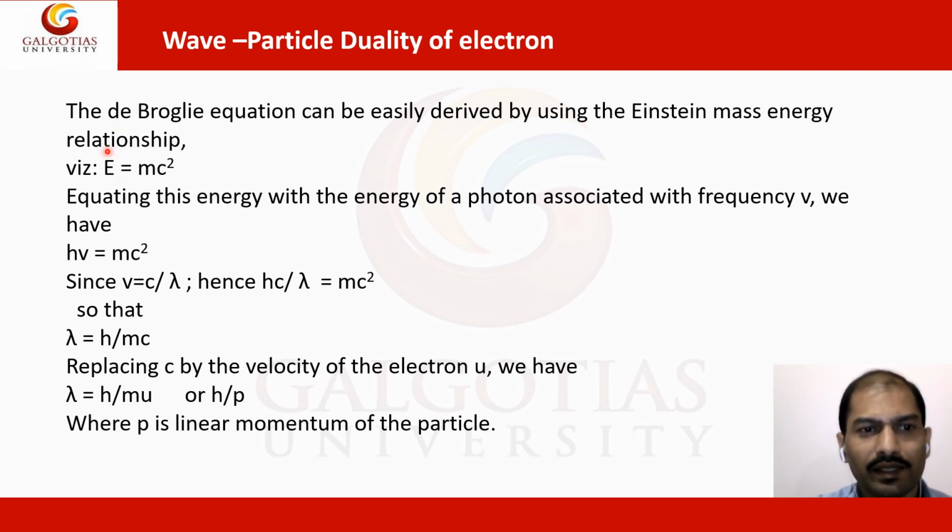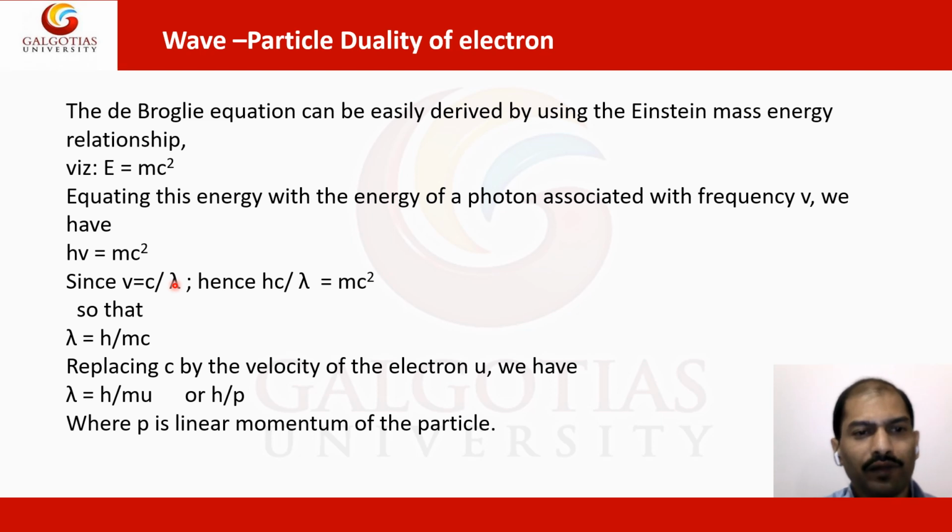This is a very simple equation which you might be aware of: energy is related to mass and the velocity of light, E equals mc square. Equating this energy with the energy of a photon associated with frequency, we have h nu equals mc square, and nu equals c upon lambda.